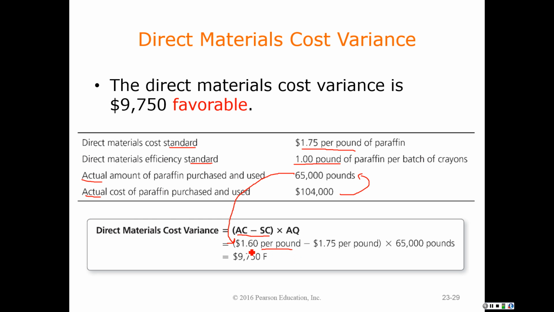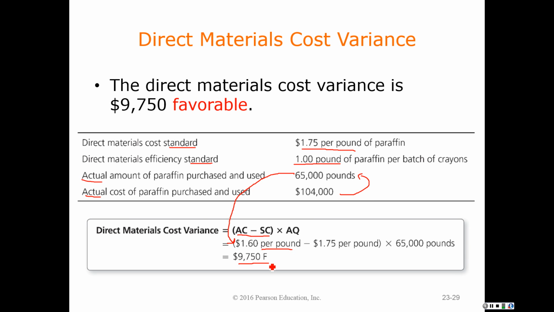I know right now that this is a favorable variance because I spent less per pound than I thought. How much? The difference of 15 cents a pound times the actual number of pounds that I used. I purchased 65,000 pounds and I paid 15 cents per pound less than what I thought I should have. So I have a favorable materials cost variance of $9,750.